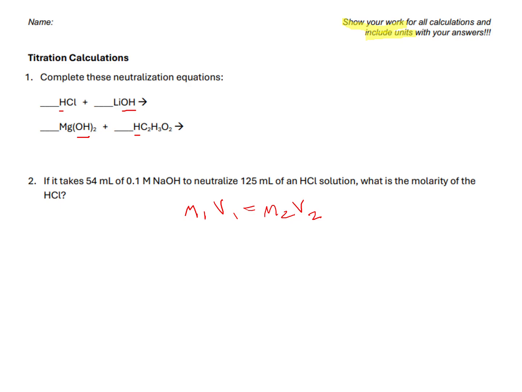So you're just going to identify what your different values are. There's a volume, so let's make that one V1. Make this one M1 because that's the one that goes with V1. There's V2, and we're looking for M2. So you plug in the numbers and solve for M2. And you should end up with a number that is less than 0.1.